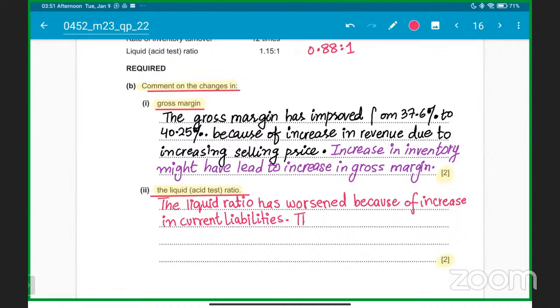And you must make sure you write down this point as well. The ideal ratio is 1:1, that for every one current liability, you must have one current asset, which was excessive in this and which was lower in this.